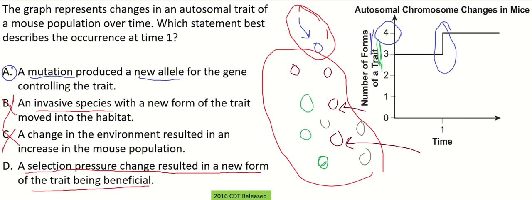Then these are no longer favored, and the green mice will be favored by natural selection, and those allele frequencies will increase. But none of that explains how a blue mouse can form. Only mutations can explain that. All right, so just remember, natural selection, in other words, evolution, cannot create new alleles, but mutations can.